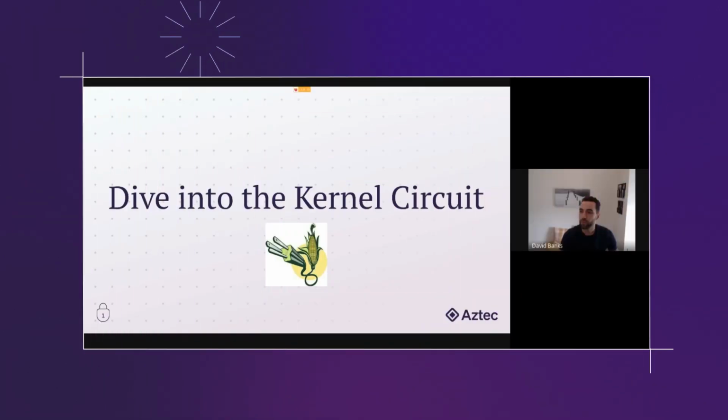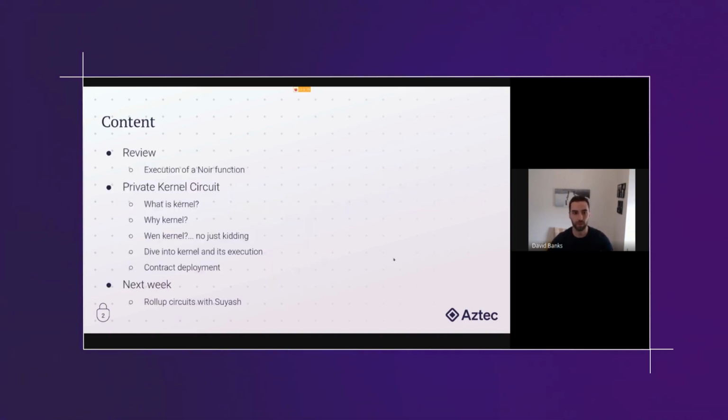Cool. So this was kind of a perfect tee up from Maxime and Guillaume to start talking about the kernel circuit. And the reason is because Noir function execution kind of directly plays into the kernel. Its outputs go directly to the kernel. And so I'll, in one slide, just talk about execution of a Noir function, which we just got a whole presentation on.